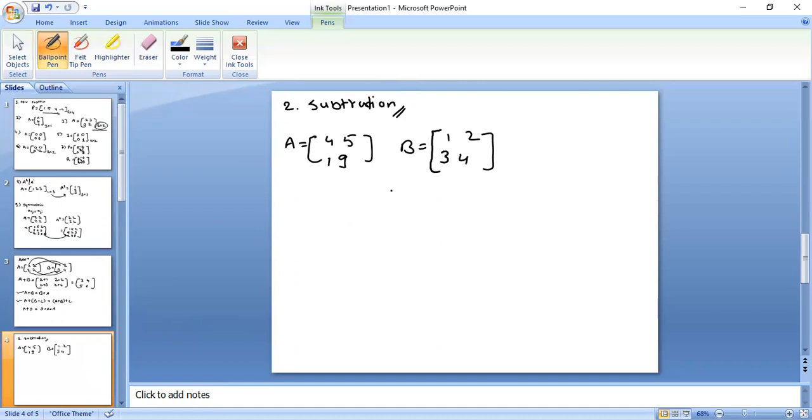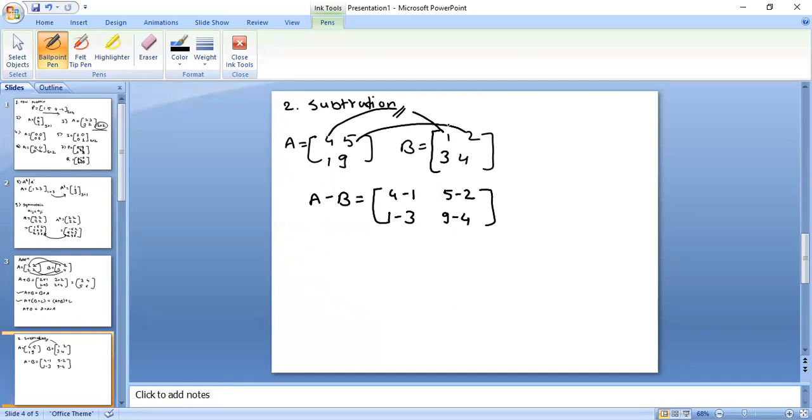Then here you can subtract the matrices. So here you subtract 4 minus 1, 5 minus 2, 1 minus 3, and 9 minus 4. Okay, corresponding elements you have to subtract, like 4 to this, 5 to this, 1 to this, and 9 to this.